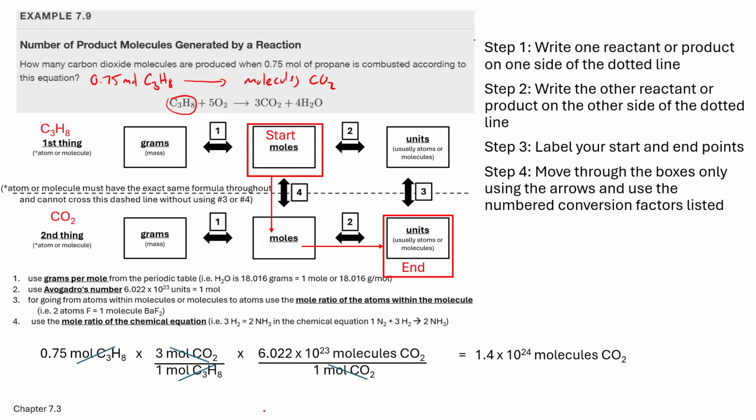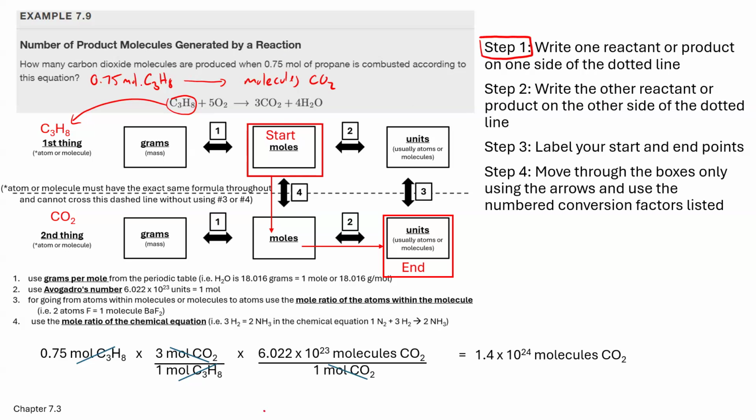do this step by step. You're going to write one reactant or product on one side of that dashed or dotted line. So we're going to put this propane right here, C3H8. Write the other reactant or product on the other side of the dotted line.